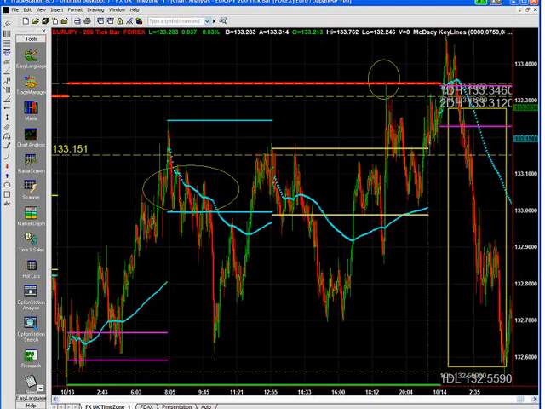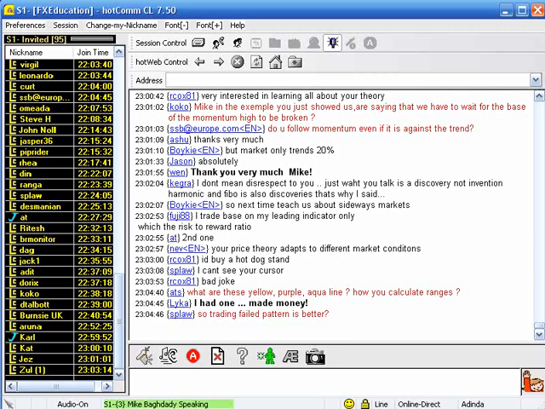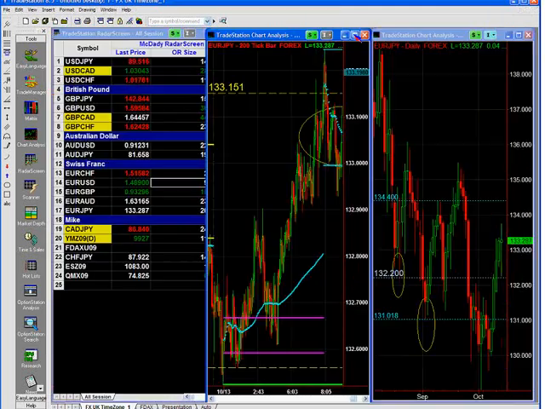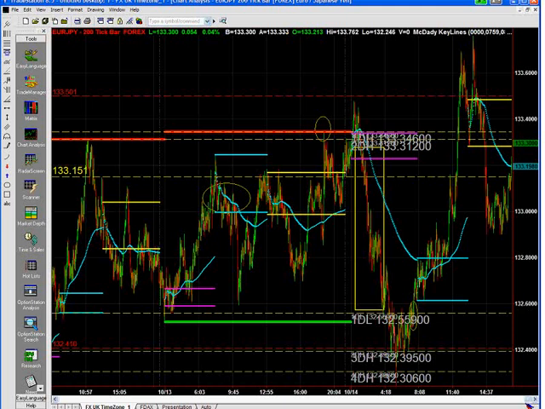These are the zones, or what we call the ranges. They are a small component of what we do. The failures are the best trades in the world. These are certain ranges that we have identified, and we calculate them in a combination of ways. That's why they are not equal in size or width.